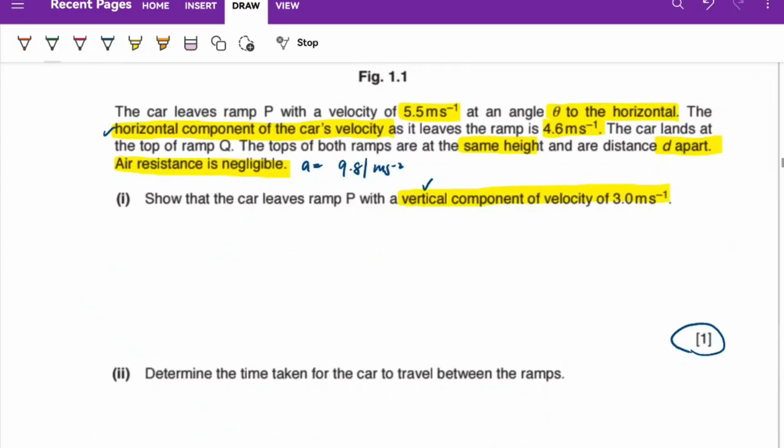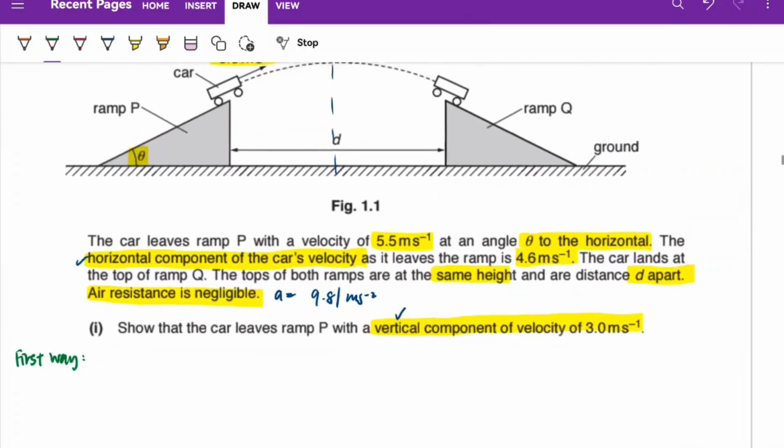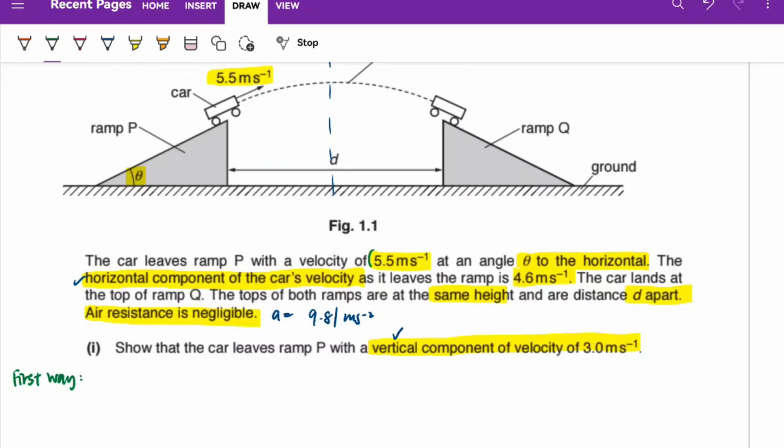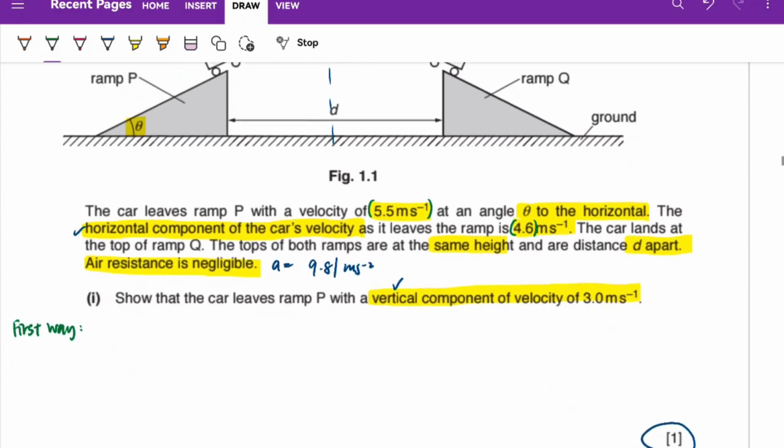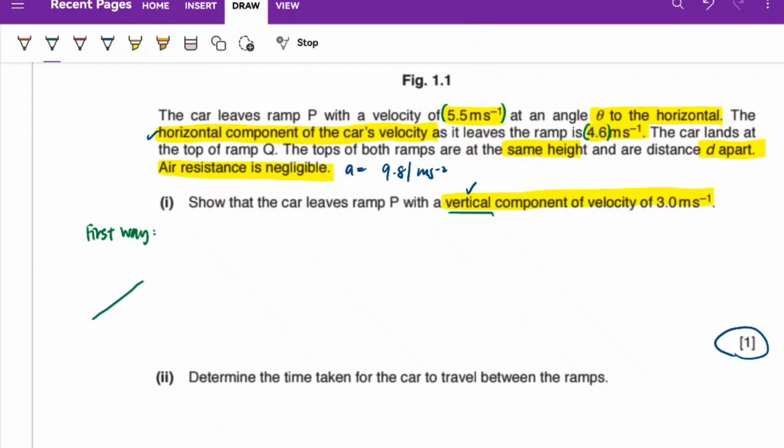First way. We know the velocity is 5.5 and we know the horizontal component is 4.6. So how do we find the vertical? This is our velocity, this is our horizontal velocity and this is our vertical velocity.